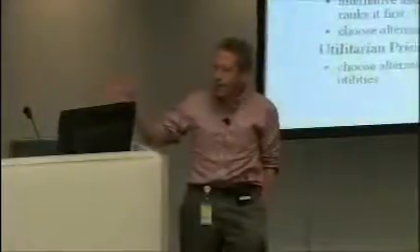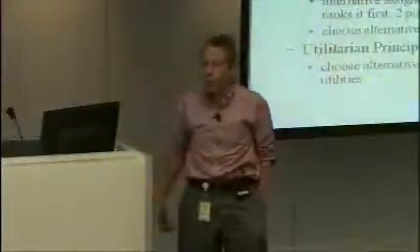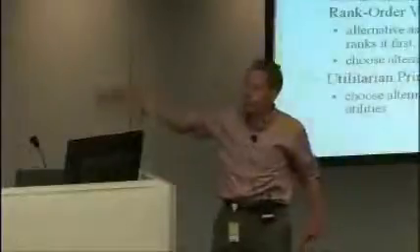That's right. In general, the other ones all use ordinal information, whereas this one does require some kind of cardinal information. Rank order voting becomes ordinal because you're taking whatever cardinal information you might have had away by insisting on the equal spacing. So 1 point to 2 points, 2 points to 3 points.